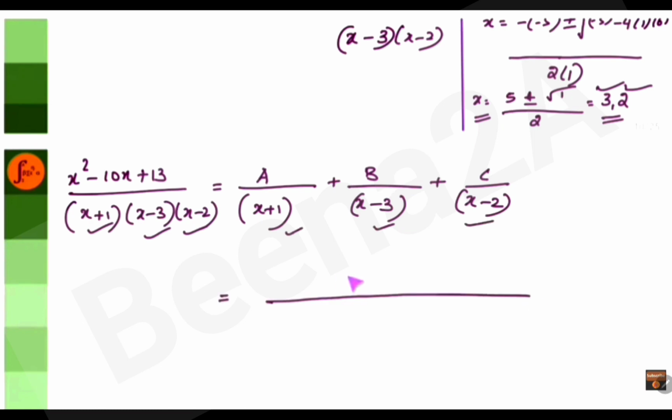We can take LCM, or you can multiply on both the sides by the denominator, right? Again, there are 2 methods. You can either use LCM or multiply on both the sides by the denominator.